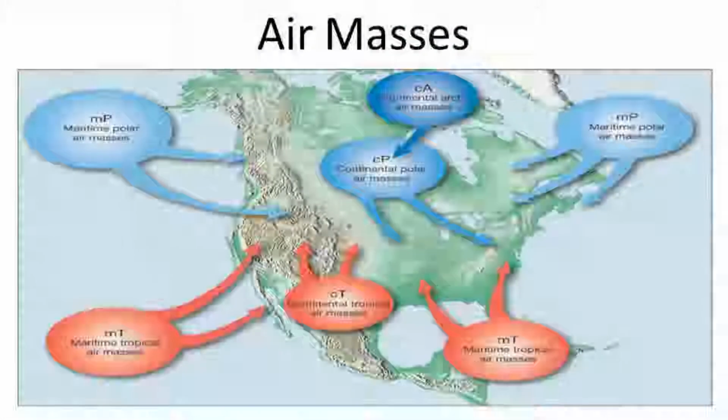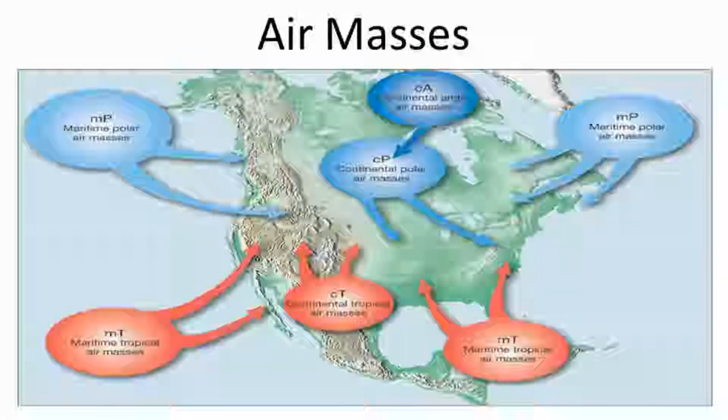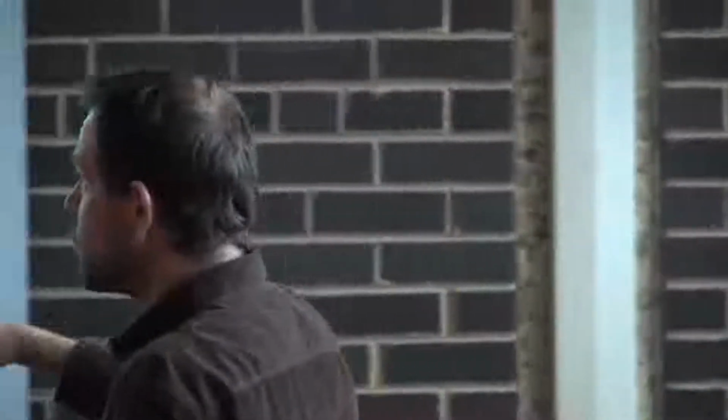Getting into air masses in a little more detail. What you see here are generalized locations where you find different types of air masses. And air masses are characterized strictly by temperature and humidity characteristics, as I've been talking about. And the two main ones that we're really concerned with when it comes to severe weather in our country, especially over the eastern two-thirds of the United States, are this maritime tropical air mass, this subtropical high pressure system that sits pretty much in the Gulf of Mexico and the Caribbean year-round.